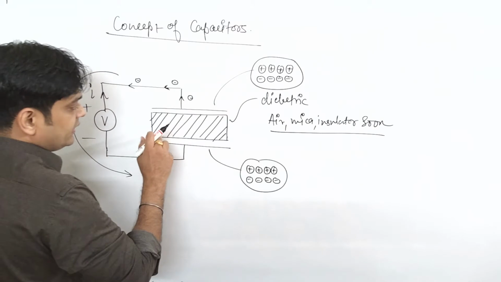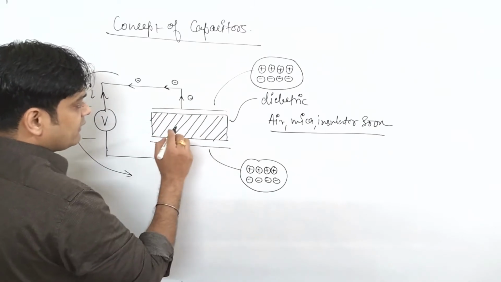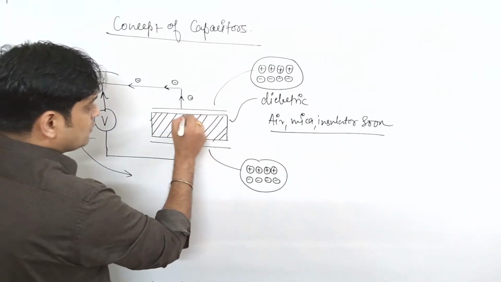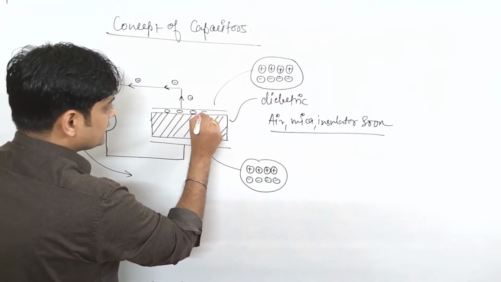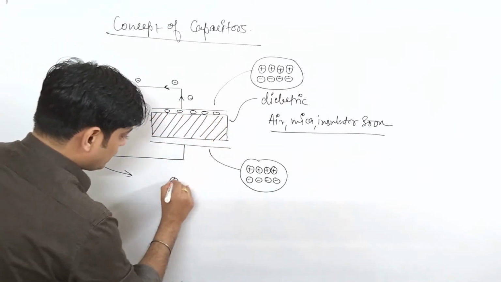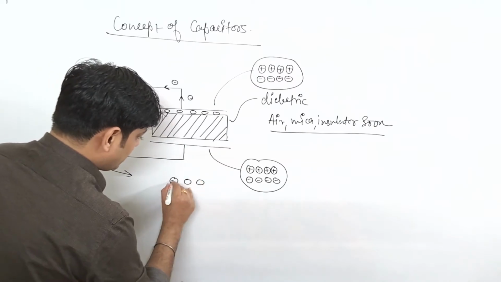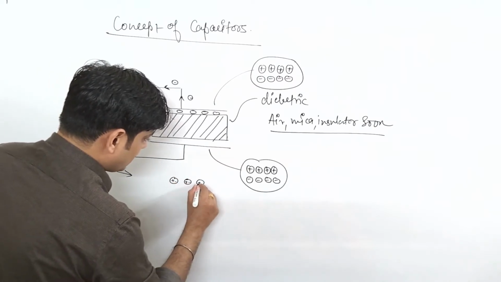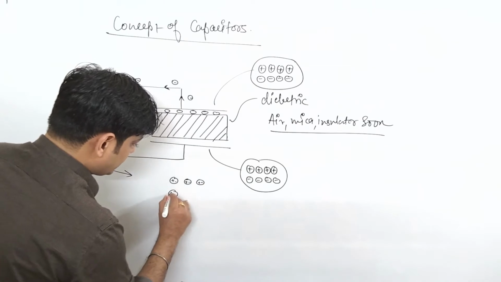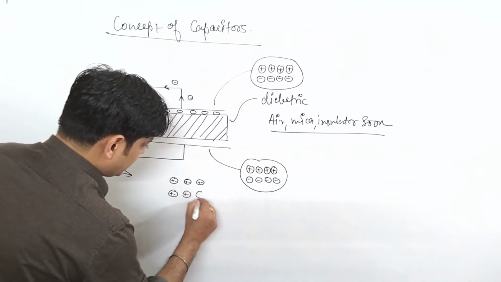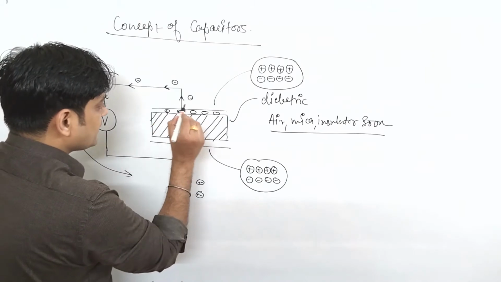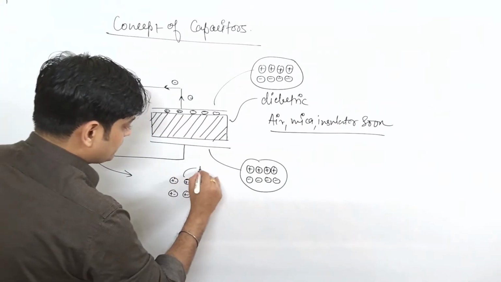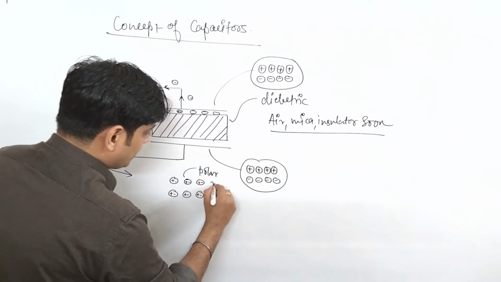Just keep in mind, this medium is in the form of polar molecules, having positive, negative, positive, negative. If I draw here, it is plus minus, plus minus. This is known as a polar molecule.